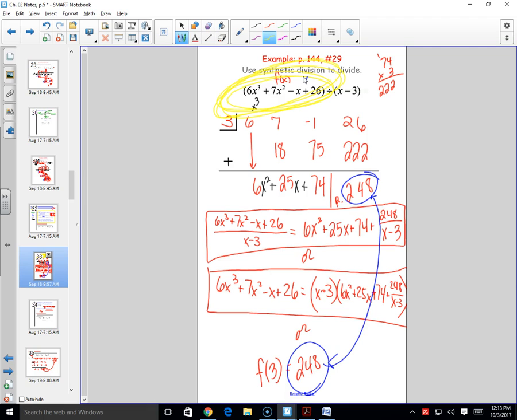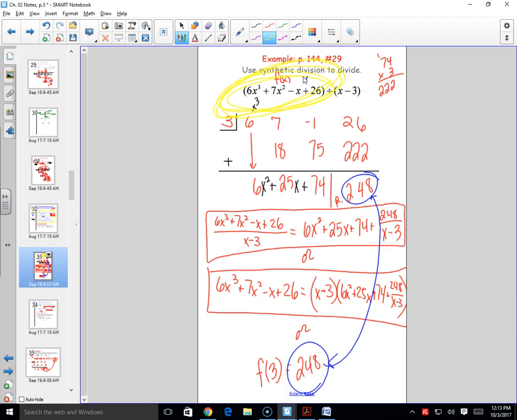Can we do synthetic after synthetic after synthetic on this huge witch hunt for which one gets a remainder of 0? I guess so. But what's the shortcut, maybe, for doing lots of different synthetic divisions? The remainder, in order for us to find a factor, has to be 0. So couldn't we try plugging in?